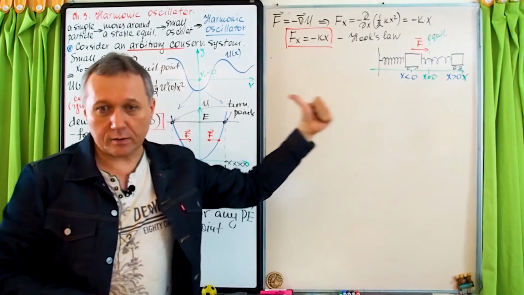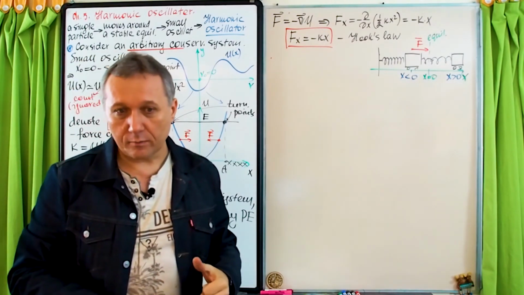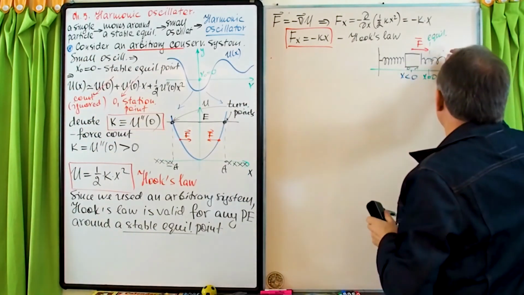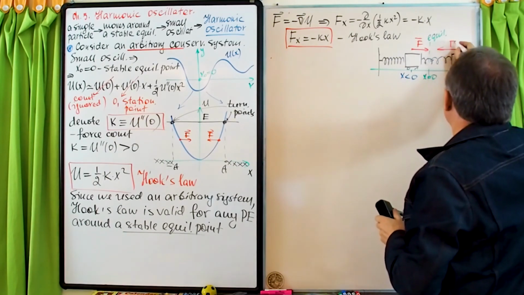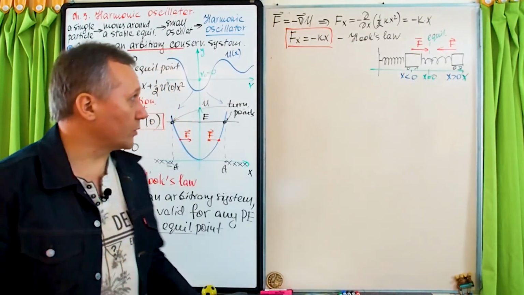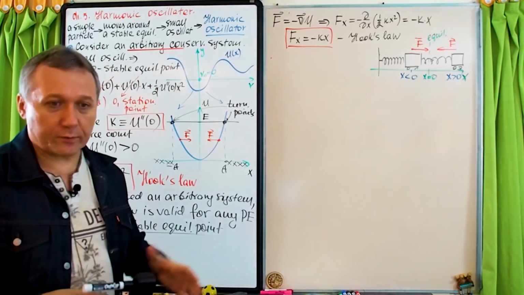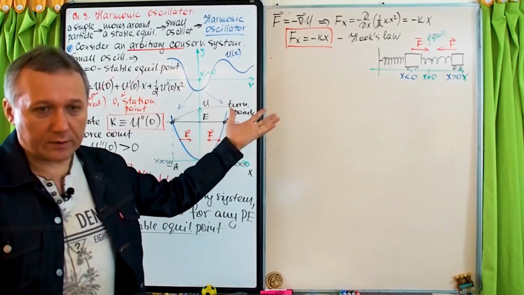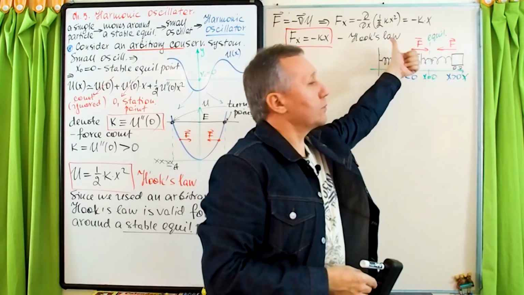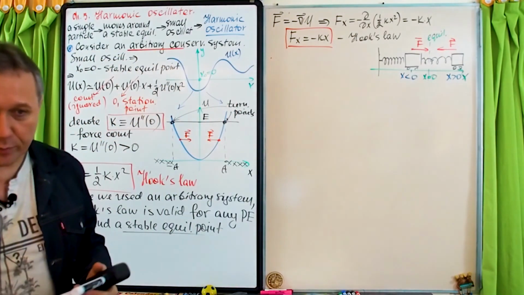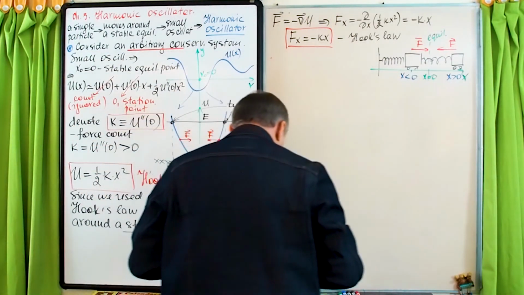Force is a vector, so negative force means it points in the negative x direction. These forces happen if k is positive. If k is negative, in that case, the system is not going to oscillate. If you displace it, force will just drag it away from the stable equilibrium point.